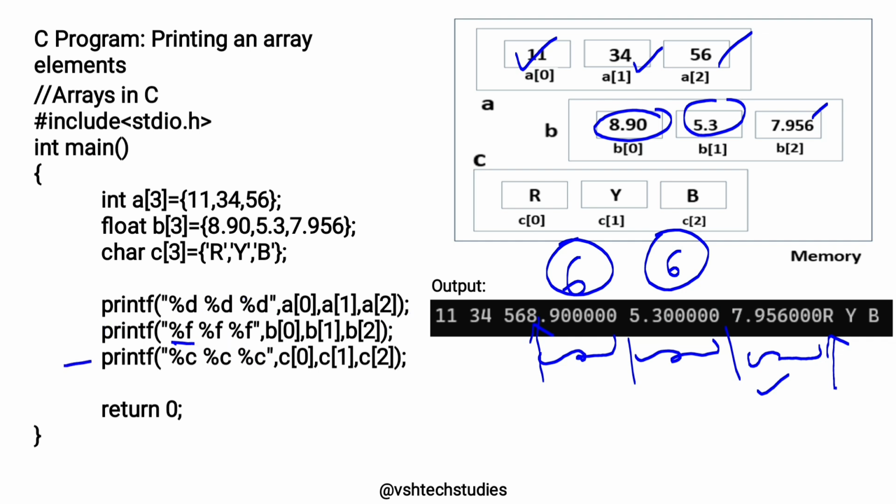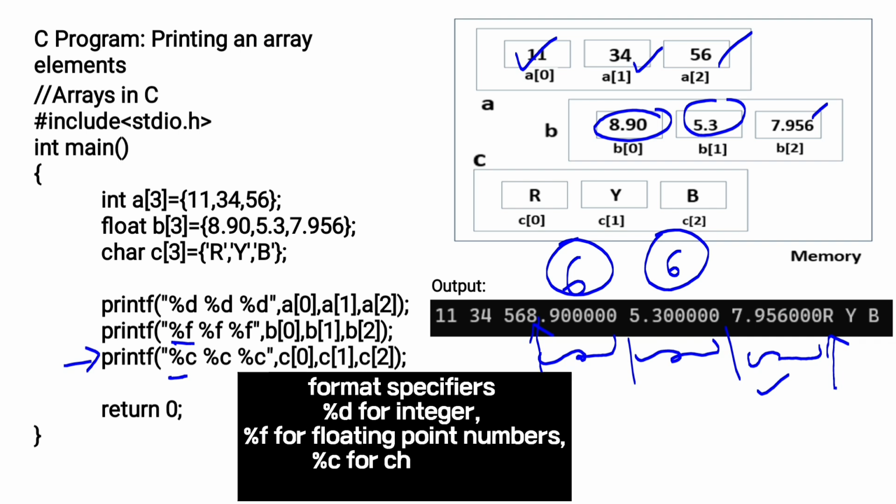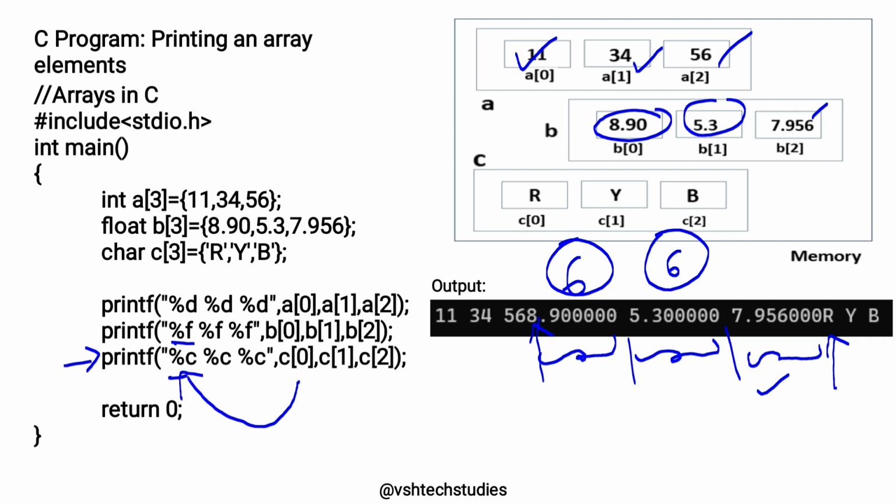Next, according to the third printf statement, %c is the format specifier for character. From the C[0] memory location that is taken and it is printed immediately after that 7.956000. Then a space is left. Then C[1], that is Y, is printed, and a space is left.